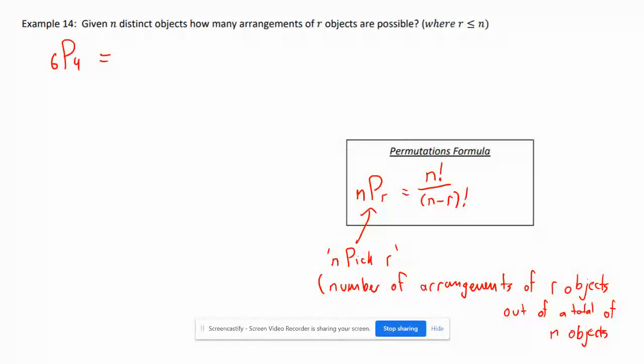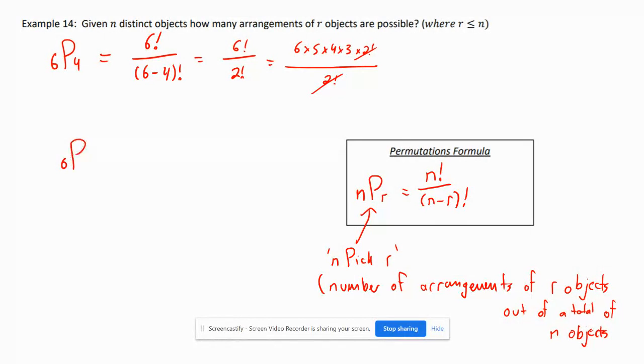So how would that formula work? It would have been 6 factorial over (6 minus 4) factorial, which is 6 factorial over 2 factorial, where the 2 factorials cancel out, and we get 6 times 5 times 4 times 3.